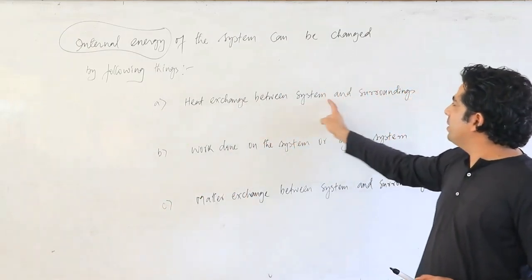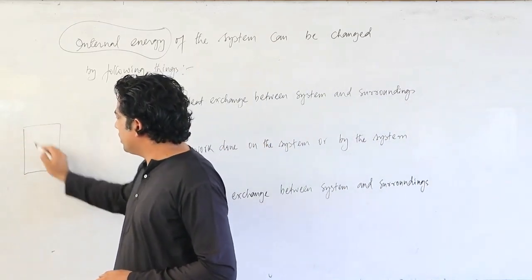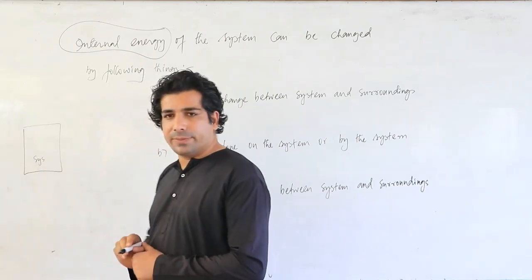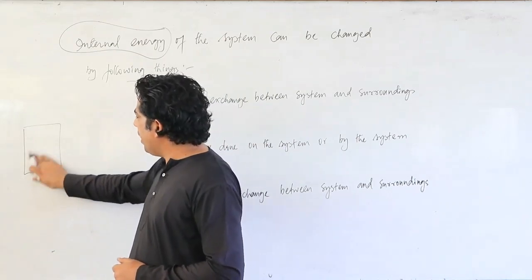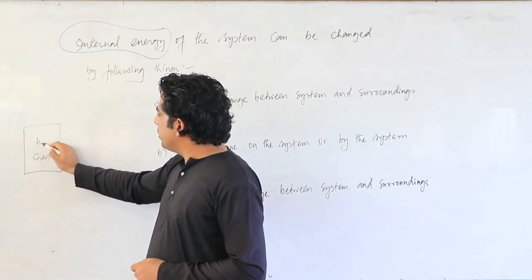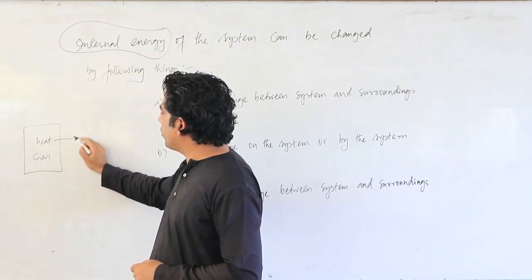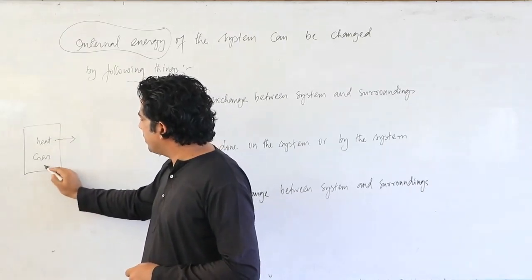Heat exchange between system and surroundings. Let us suppose this is our system, correct? Inside this, let us suppose, gas is inside. And the heat is coming from the system into the surroundings. So this is our system here.